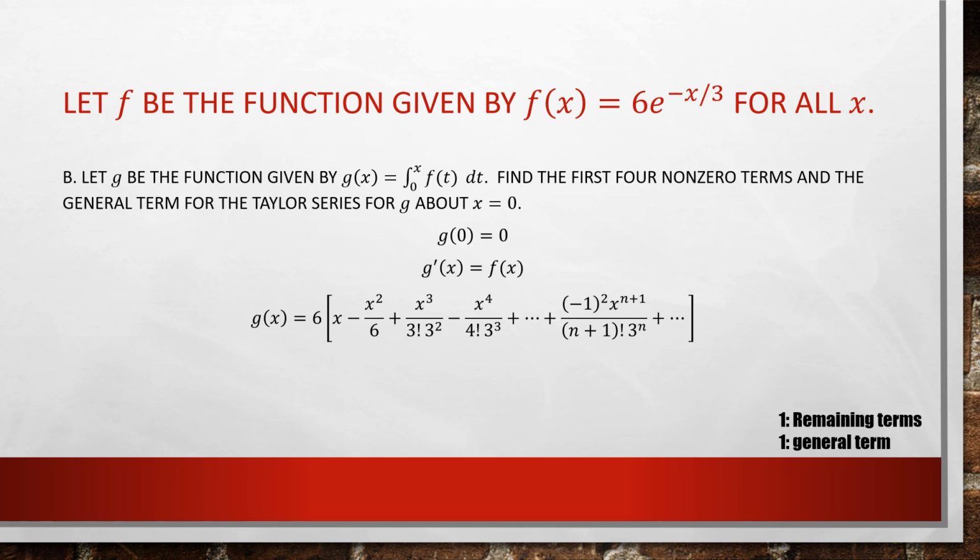And so that is essentially what I did. I literally just integrated my f and multiplied it by the 6 because I pulled that back out. All right, so doing that, you get this nice little series, and we get 1 point for the first two terms, 1 point for the remaining terms, and 1 point for the general term.